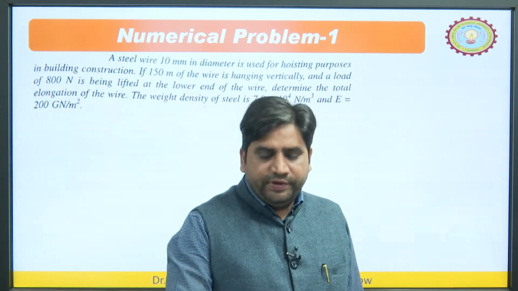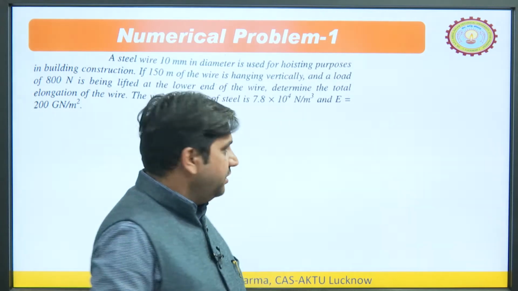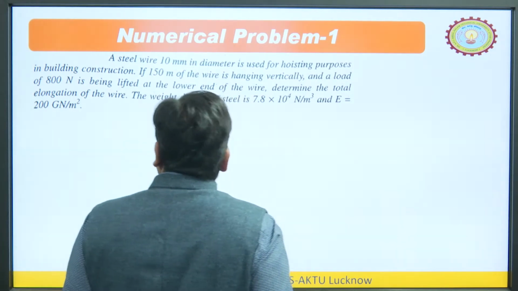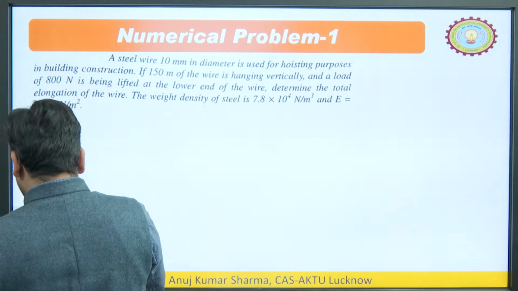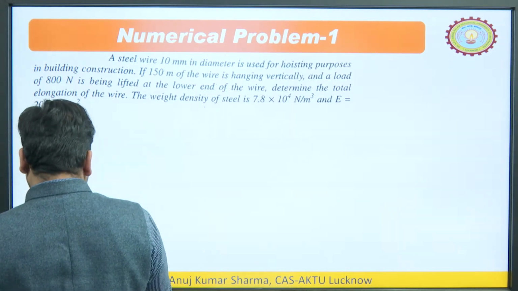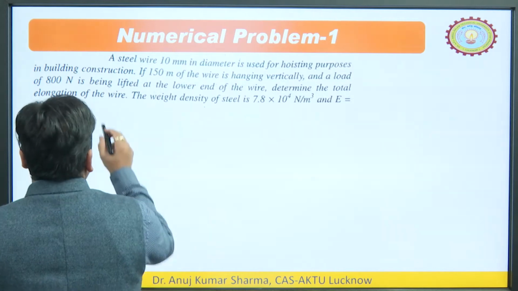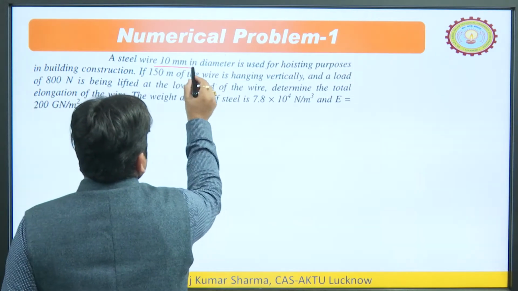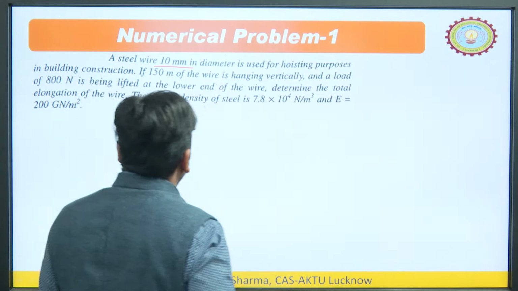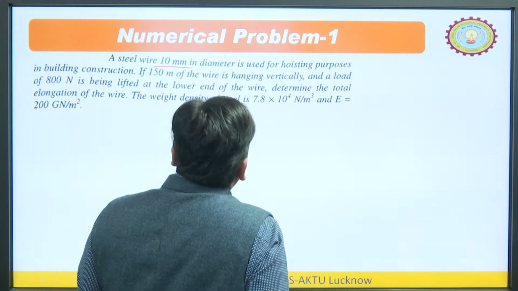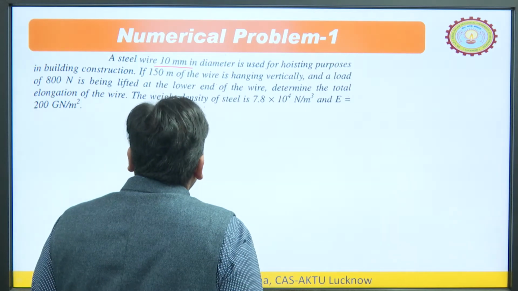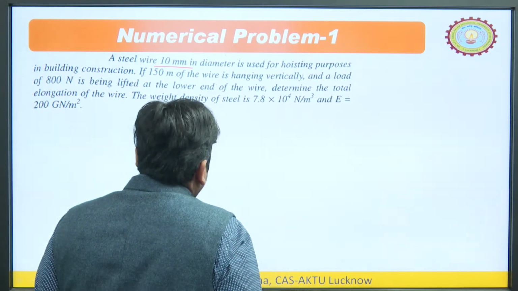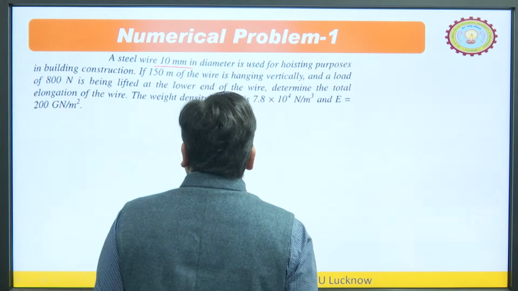Now we can take the first numerical. A steel wire, which is 10 mm in diameter, is used for hoisting purposes in building construction. If 150 meter of the wire is hanging, many inputs are given.